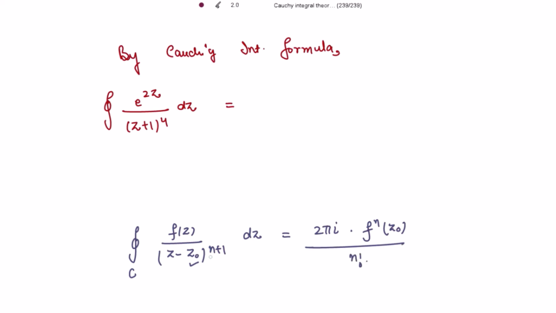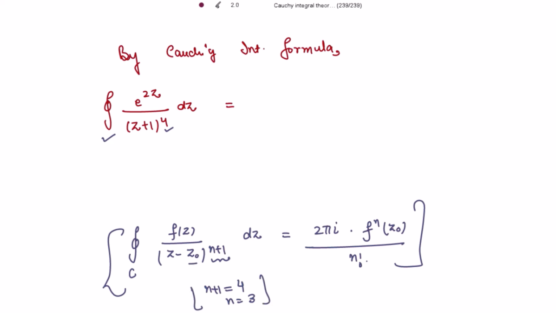Please remember, if you have n plus 1 here, then you have to take the nth derivative. I have 4 here as n plus 1. So if n plus 1 is equal to 4, then n is equal to 3.